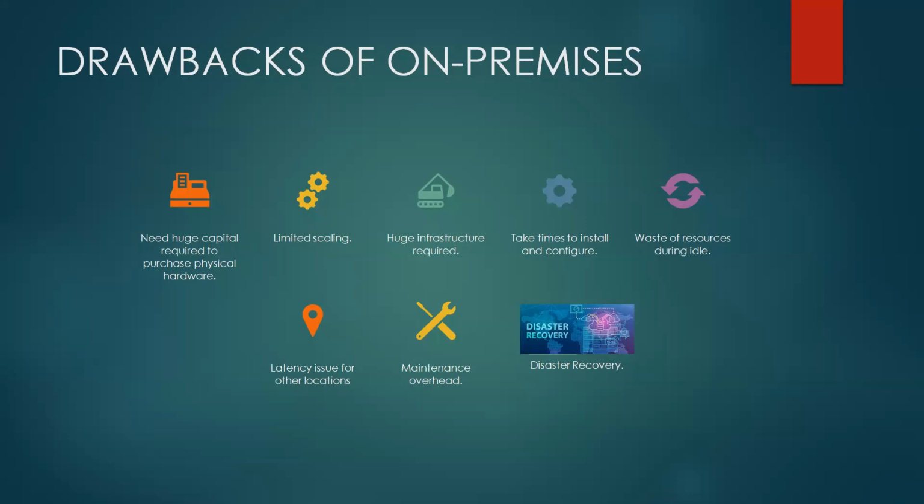For example, I come to you and ask you to set up a project. For that project, 1000 servers are needed, and one petabyte, like 1000 GB, of storage is needed.